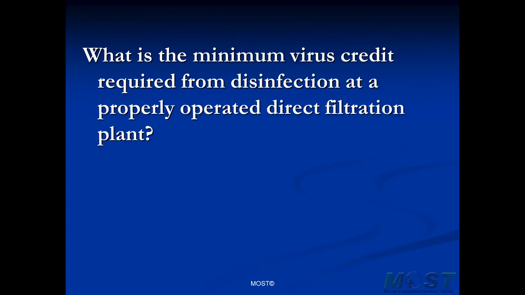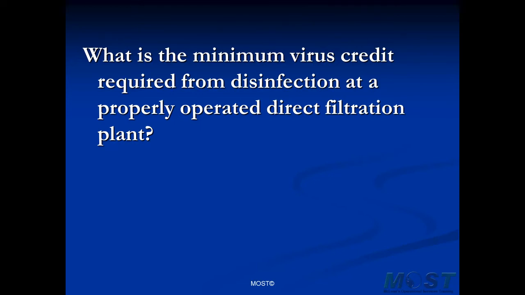What is the minimum virus credit required from the disinfection step at a properly operated direct filtration plant? Well, this is kind of a tough one. You have to know a few basic things here. First, you have to know that the total virus removal that we need to achieve is the 4 logs that we looked at a little while earlier.